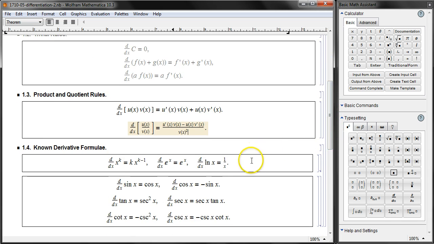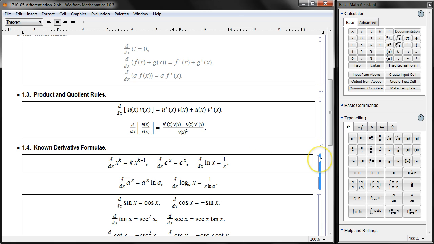Some known derivative formulae: the power function, the exponential function, and the logarithmic function. If you have a general base, then you get ln of a showing up kind of like this.